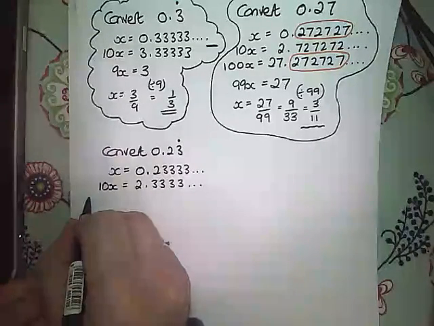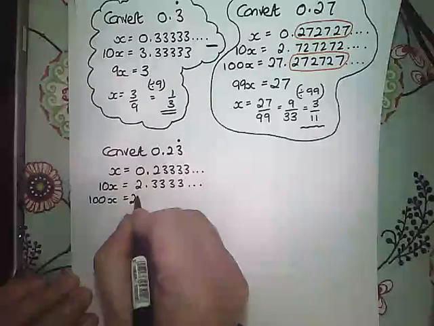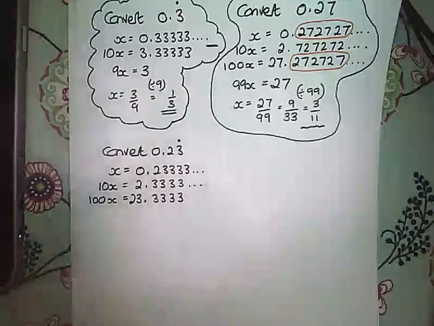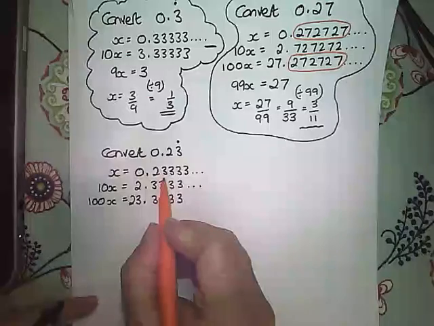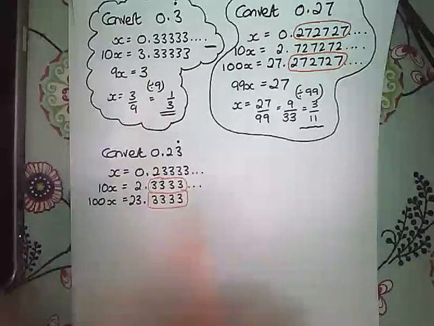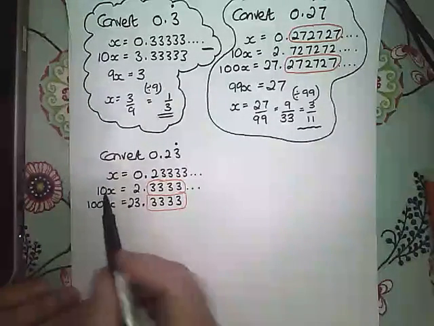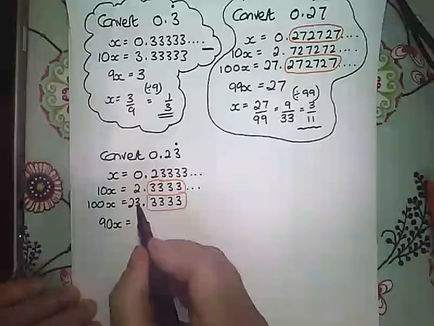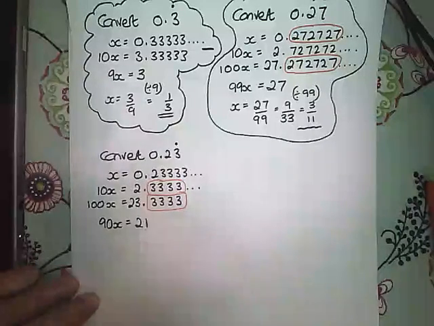If I try 100x, I get 23.3333, and you can see now that actually my 1x isn't helpful, but here the 10x and the 100x, the decimal bits match up. So if we subtract these two numbers, so 100 take away 10 is 90x, and 23 take away 2 is 21.